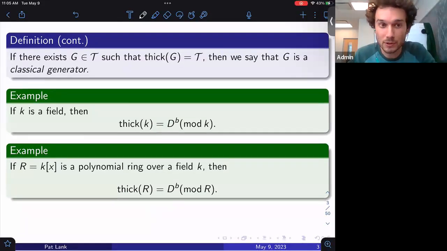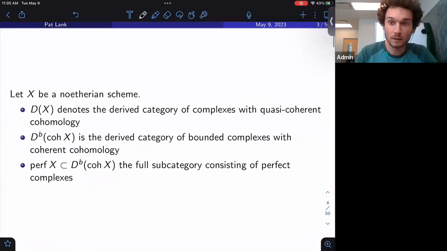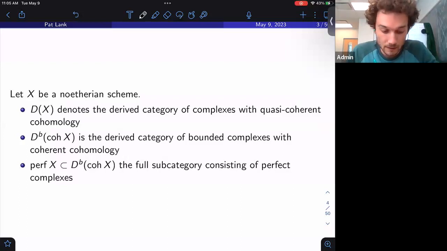There are other examples where classical generators come in. The primary interest today is going to be for noetherian schemes. There's other contexts in which generation is thought about as well. Okay, so for some notation. Let X be a noetherian scheme.